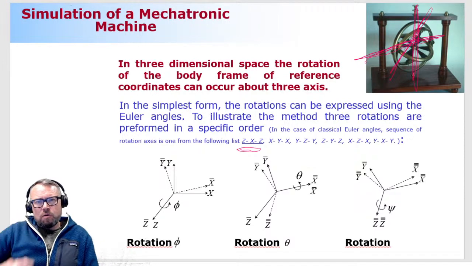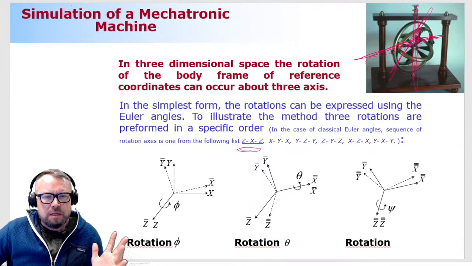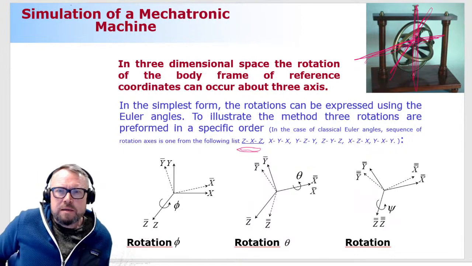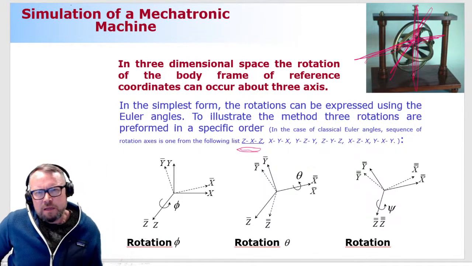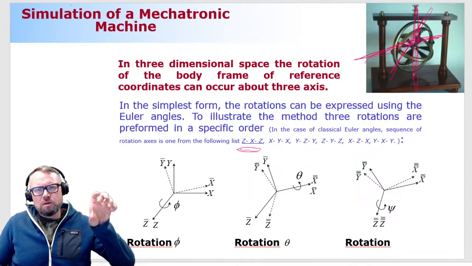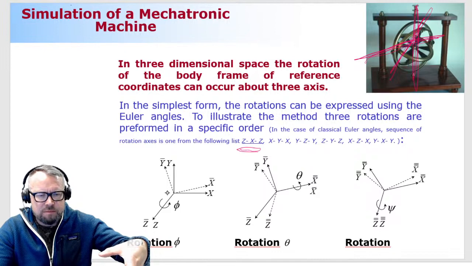So how do these Euler angles work when using the sequence of Z, X, Z rotations? Well, it goes in such a way that you put 2 coordinate systems parallel in the beginning. Then you take hold of one coordinate system and rotate it along the Z coordinate axis, like is shown here.